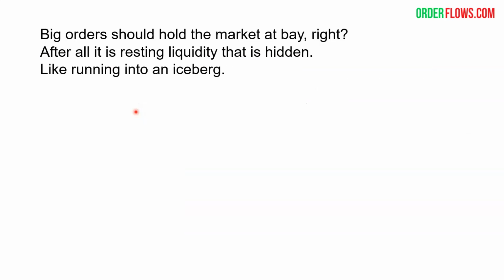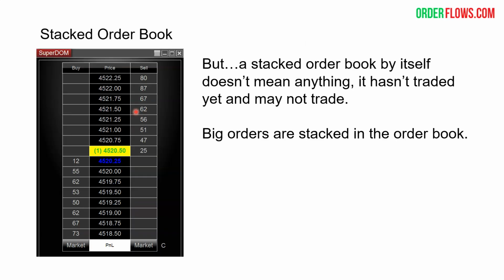After all, that resting liquidity is hidden, and it's like running into an iceberg in a sense, not just an iceberg order, but imagine an iceberg ship. Imagine everyone is buying it here, but there's actually 1,000 lots offered here at 21.5. Everyone's buying it, and then they can't buy anymore until their ship sinks.